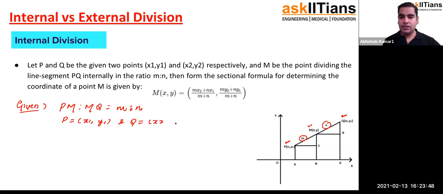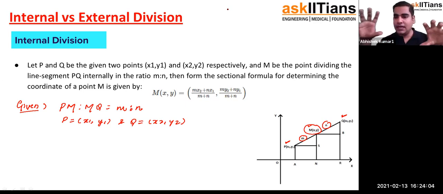If this information is provided, then you have to find out the coordinates of this point M, which we have denoted by x comma y. Because the point M, which is dividing the line joining P and Q, is lying between P and Q, this is a case of internal division.